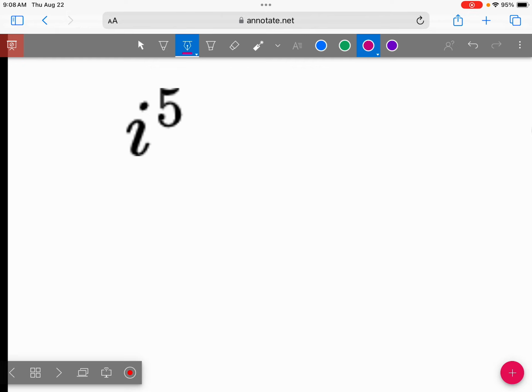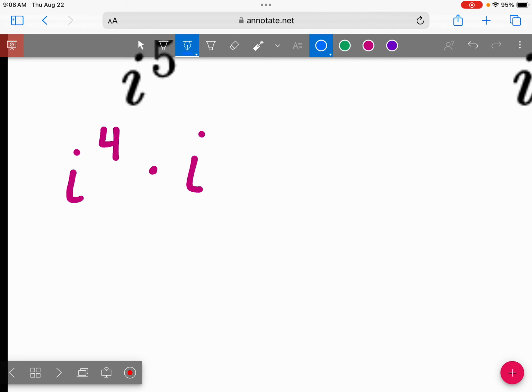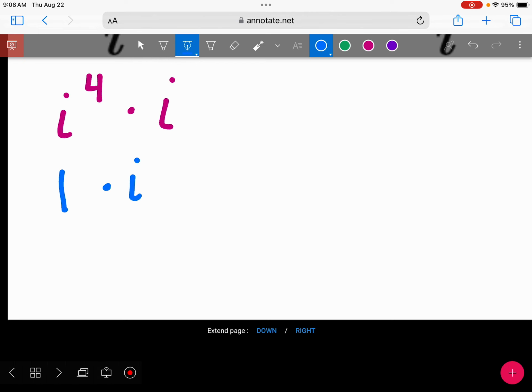So i to the 5th, I could break up to be i to the 4th times i, right? That means the exact same thing. i to the 4th, we just talked about, equals what? 1. So this is really 1 times i. So i to the 5th simplifies down to be just i, with no extra bits at all.